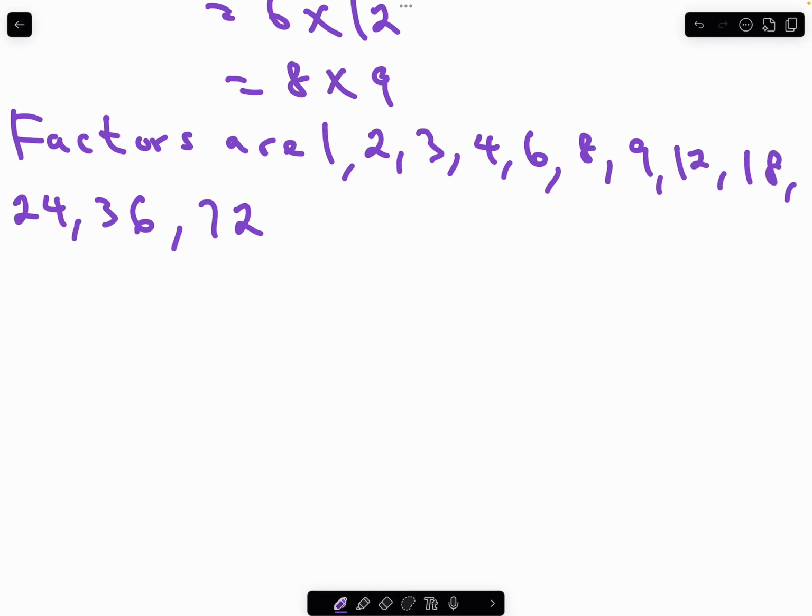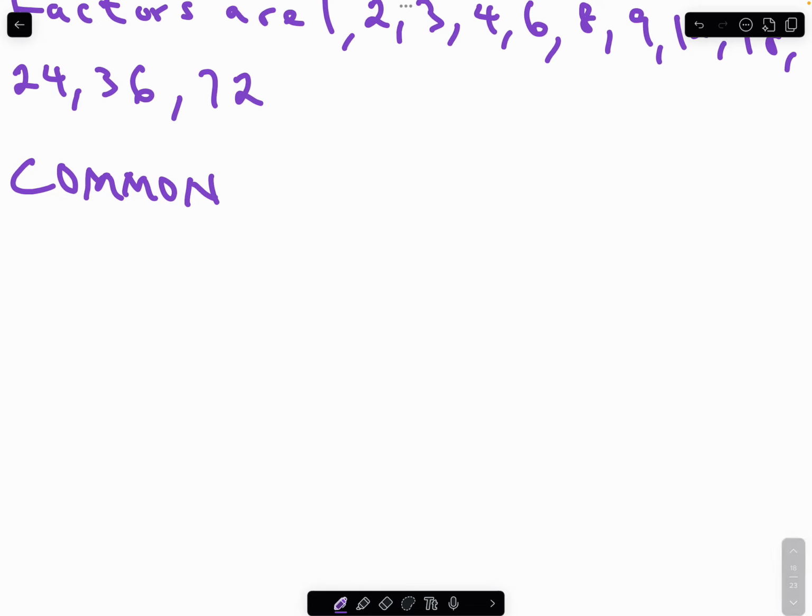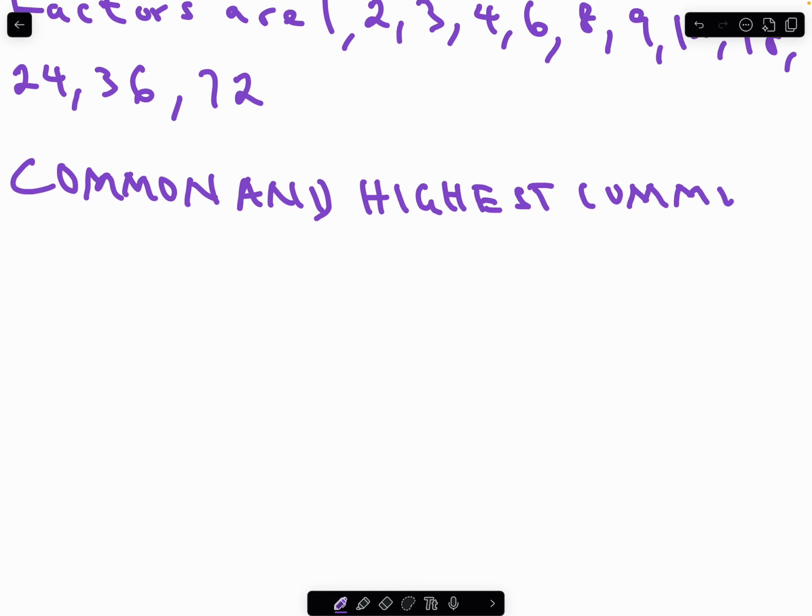Now let's see how to find the common factors of a set of numbers, and also the highest common factor of all of the numbers in the set. Common and highest common factors.